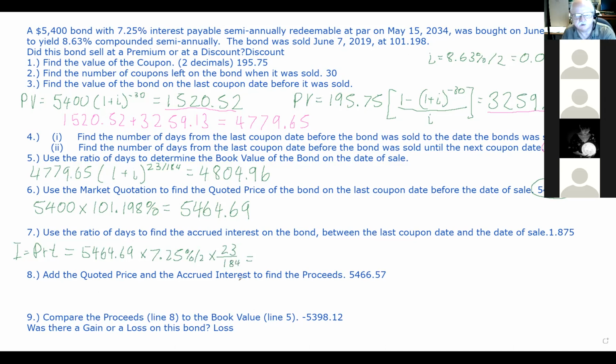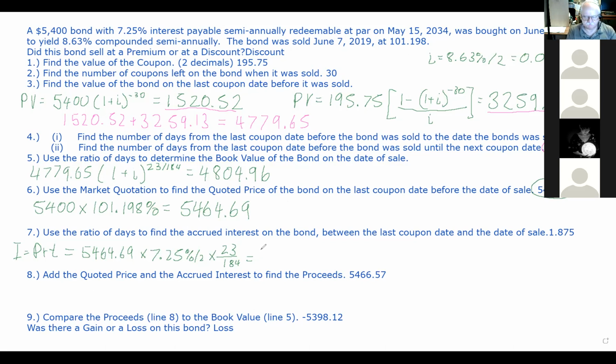Kind of an annoying calculation, but let's see if it works. So 7.25% divided by 2 times bracket 23 divided by 184, and then times 5464.69.